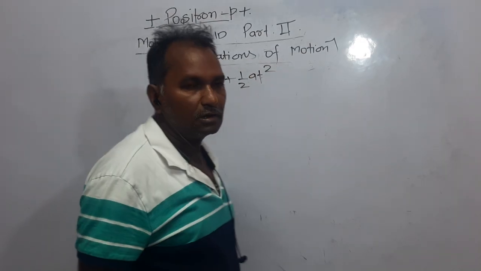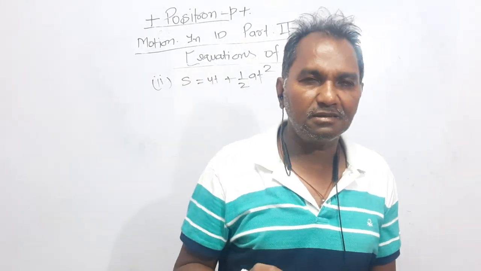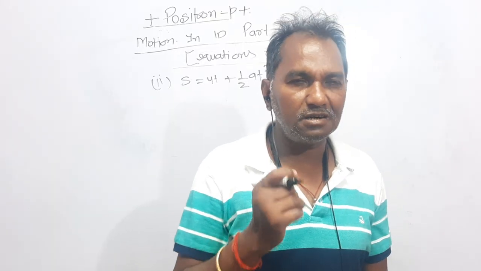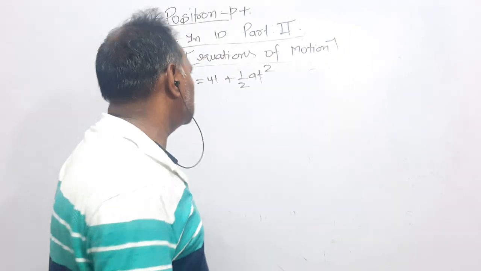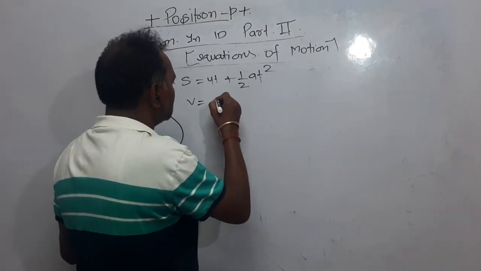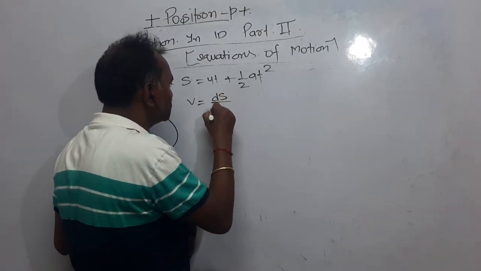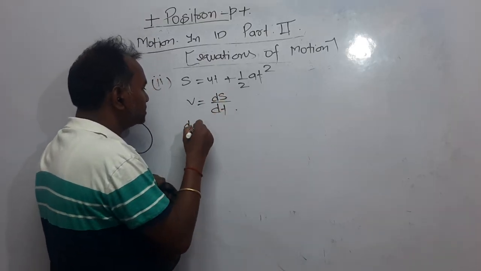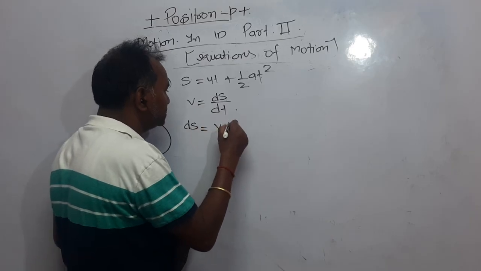You have to prove s equal to ut plus half at square. For the first equation, you applied that acceleration is the rate of change of velocity. In a similar way, here I begin with velocity being the rate of change of displacement, ds over dt. Now, dear students, it becomes ds is equal to v dt.